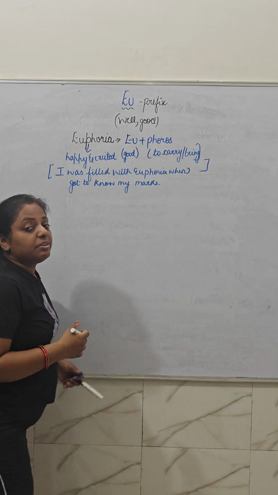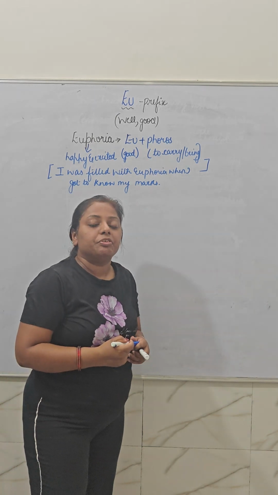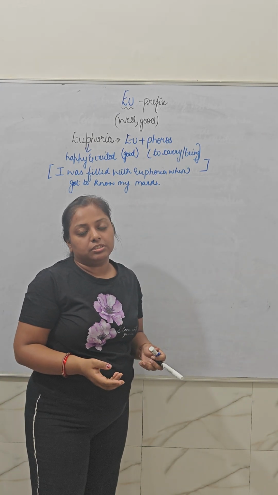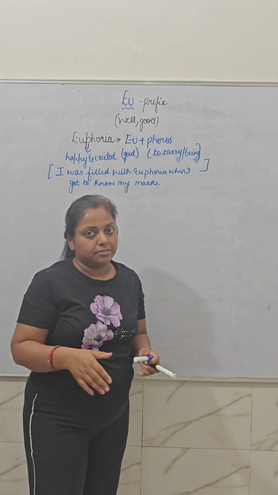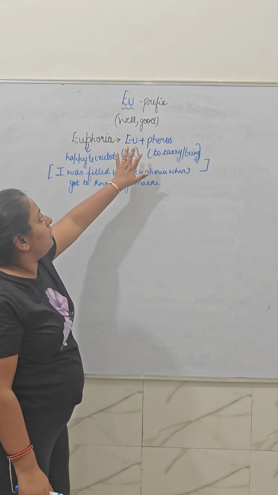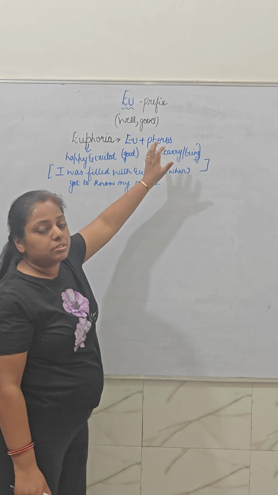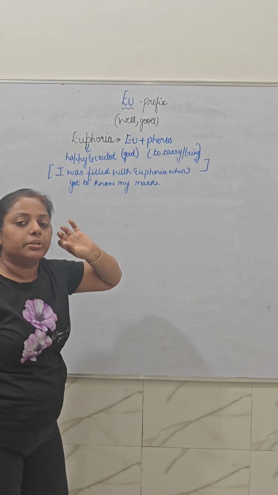Or, the team was filled with euphoria when the team defeated so and so country in a cricket match, in a football match, whatever it is. So euphoria stands for EU plus phoros, which means when a person is filled with happiness and excitement.